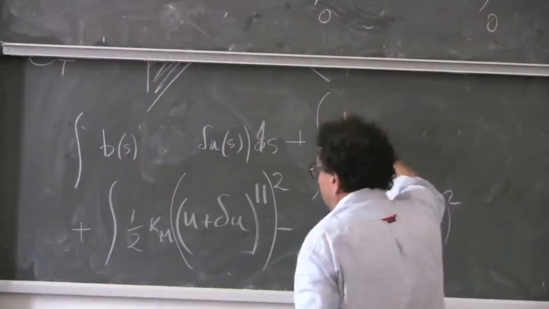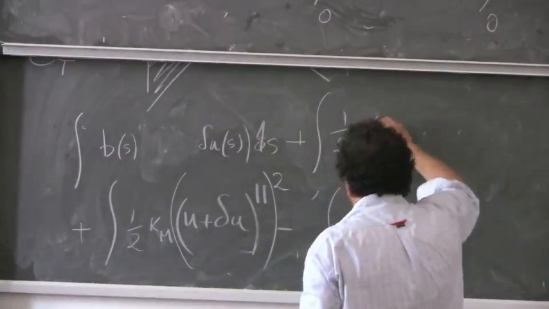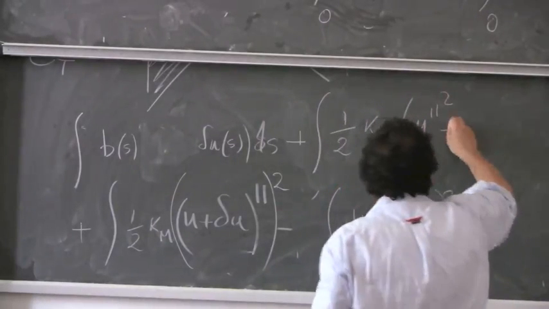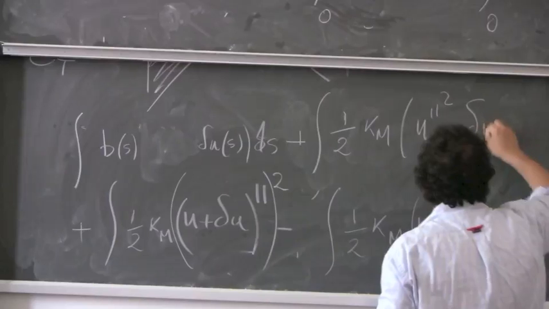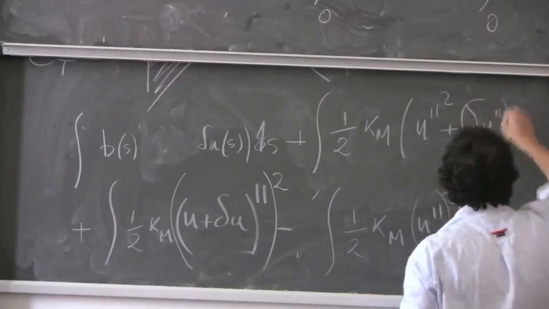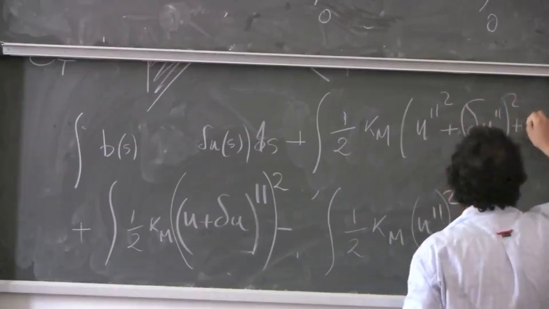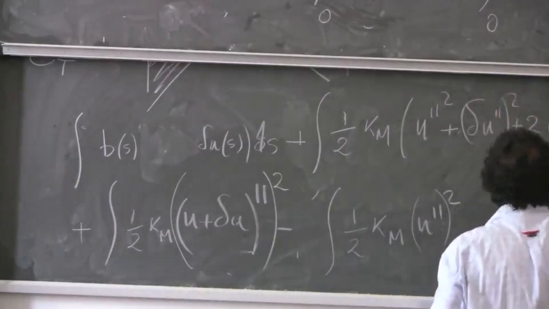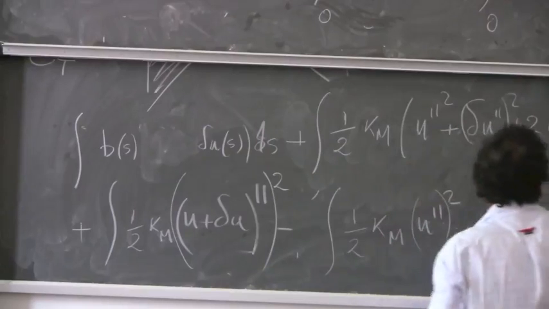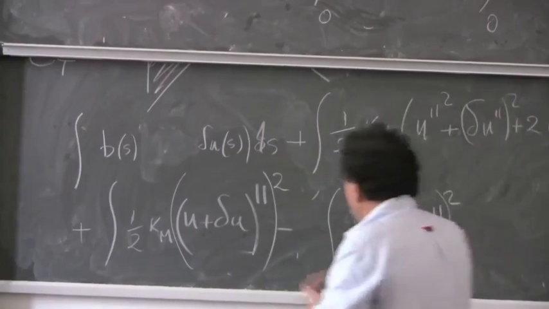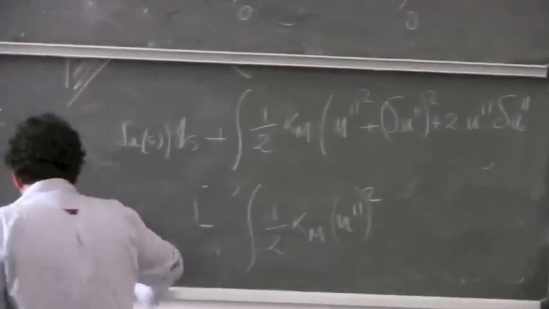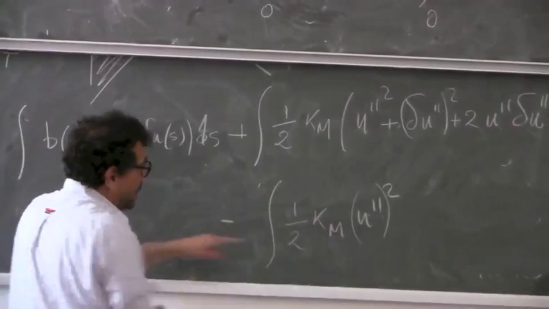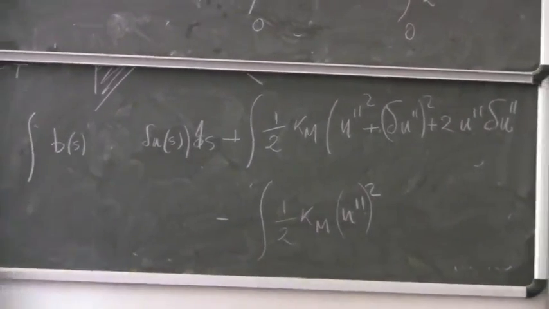So you have 1/2 K_N times (u'' squared plus delta u'' squared plus 2 u'' delta u''), minus this term.